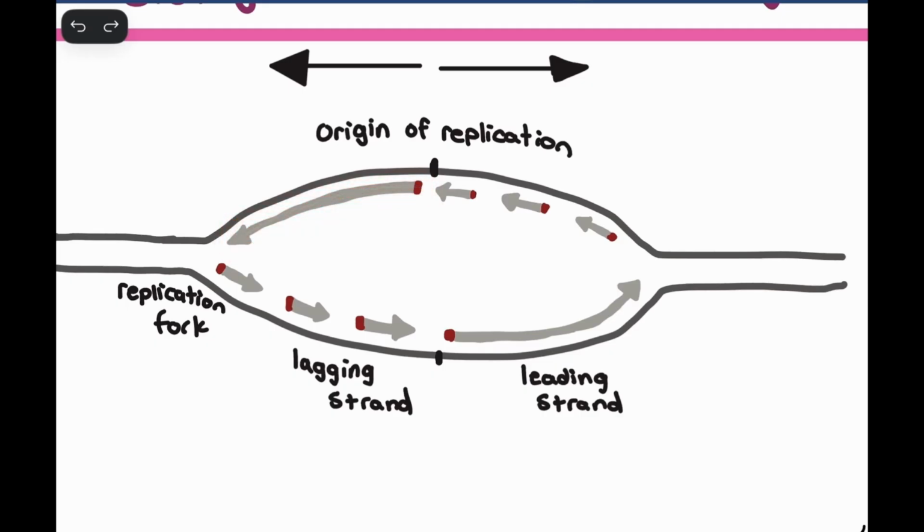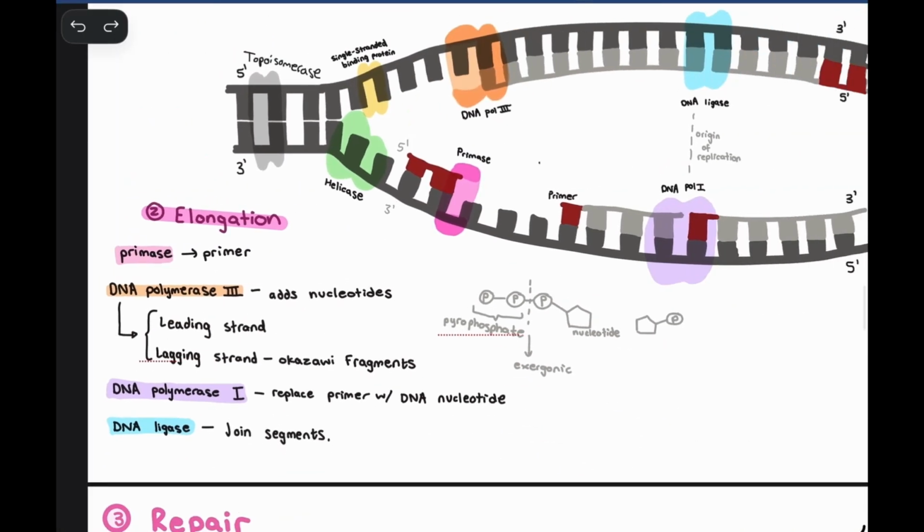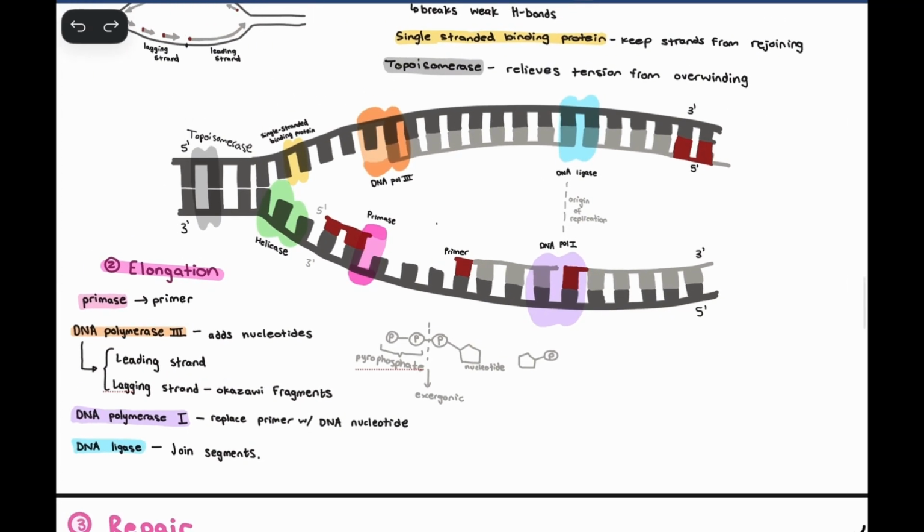And then at the same time, but a little bit delayed, is the lagging strand, which works from the replication fork and toward the origin of replication, as we can see here. The lagging strand is also made up in segments, as you can see. These are called Okazaki fragments. So now you know how DNA polymerases work.